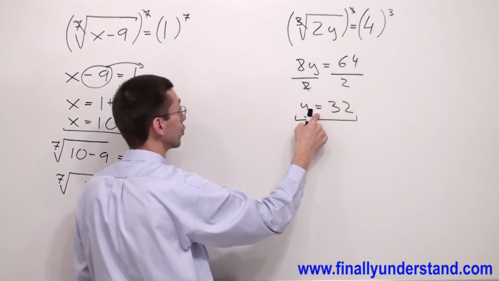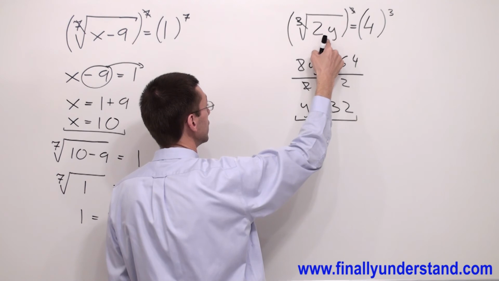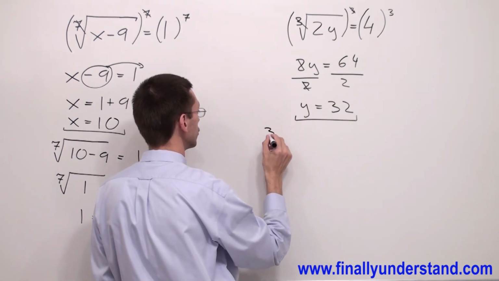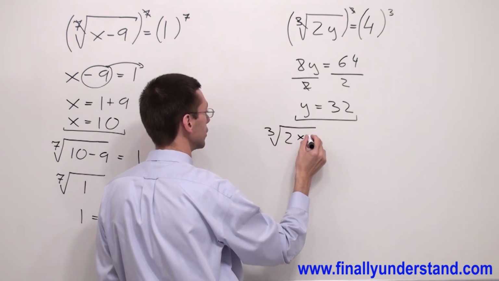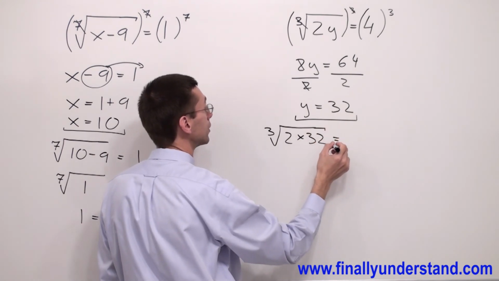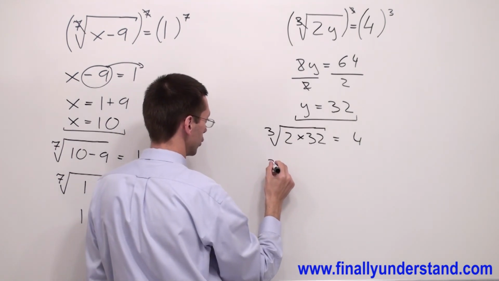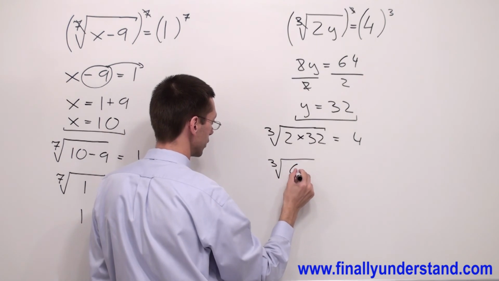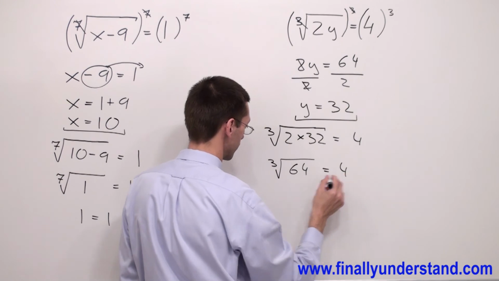Let's check if this is the correct answer to my problem. I'm going to replace y in my original equation by 32. I have the cube root of 2 times 32 equals 4. The cube root of 2 times 32 is 64, equals 4.